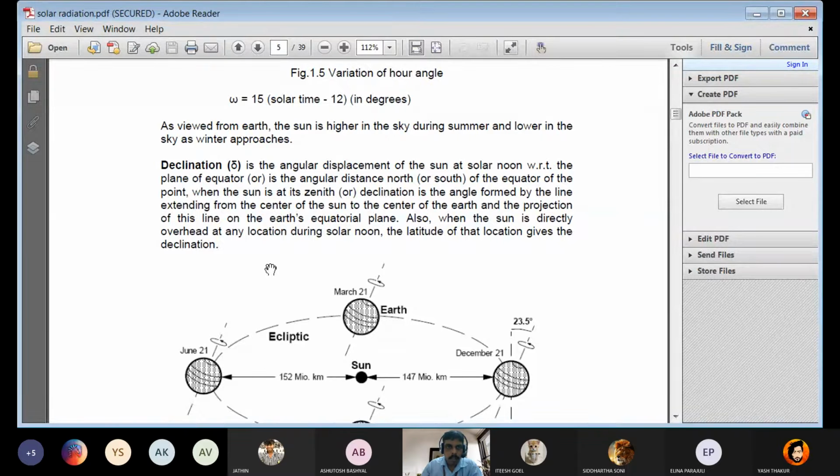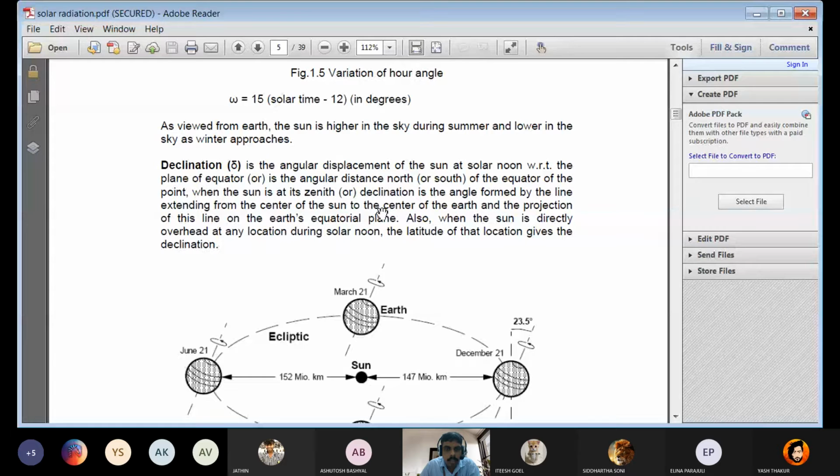So we will continue with this angular relation topic. What is the declination angle? It is the angular displacement of the sun at solar noon with respect to the plane of the equator, right? So we are getting different seasons on Earth. At different seasons, availability of solar radiation also varies. In winter in our location, we have relatively less solar radiation compared to summer.